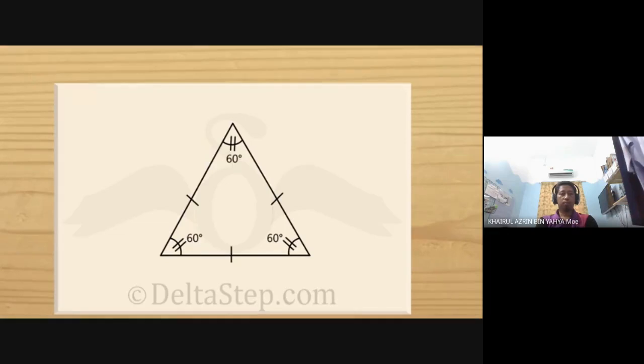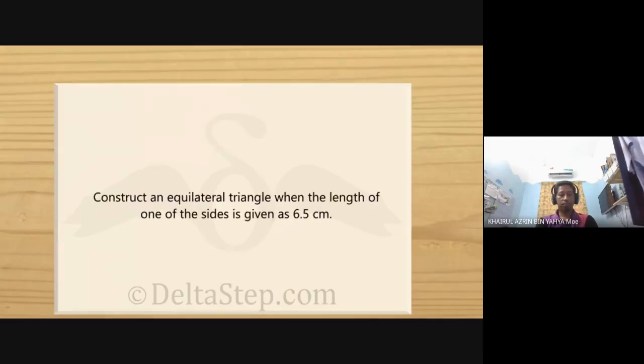What about the sides? Because all the sides are equal, we just need to know one side to construct an equilateral triangle. Suppose we have to construct an equilateral triangle and it is given that the length of one of the sides is 6.5 centimeter.